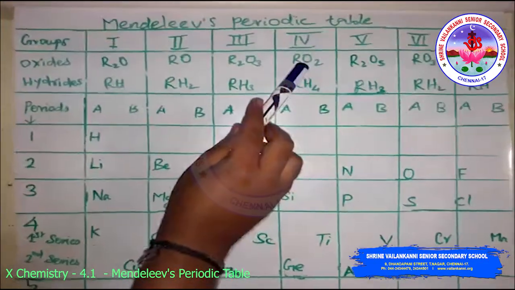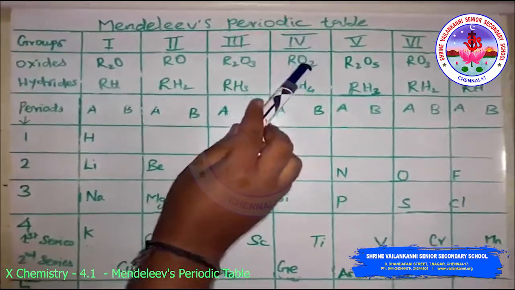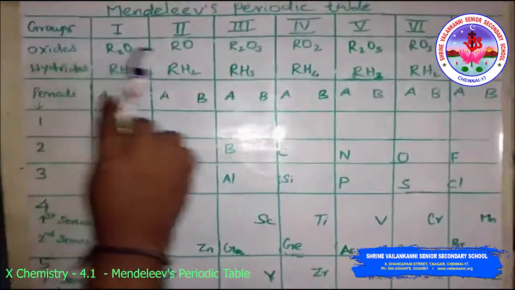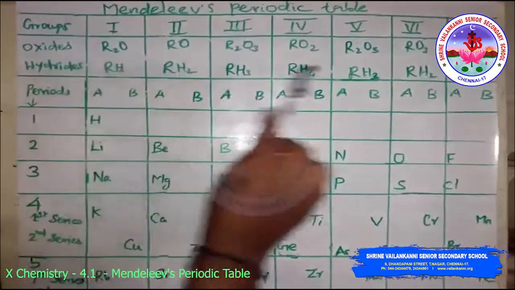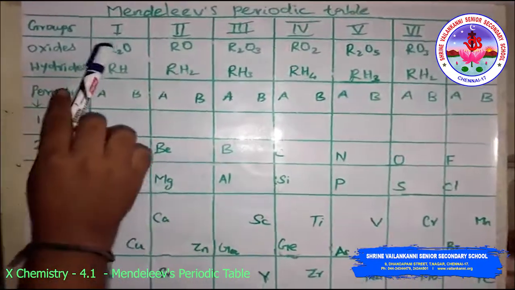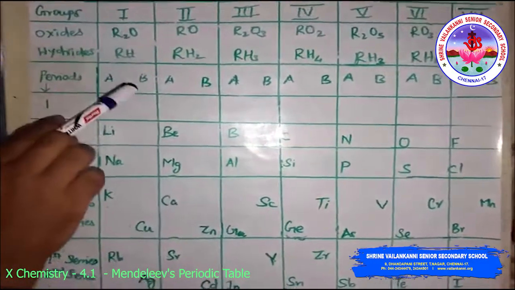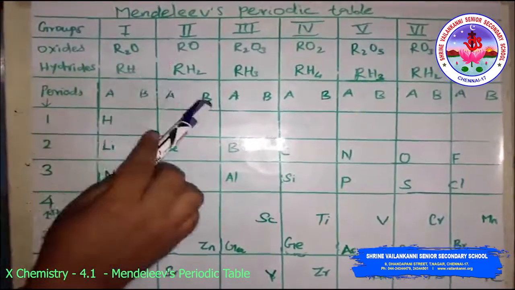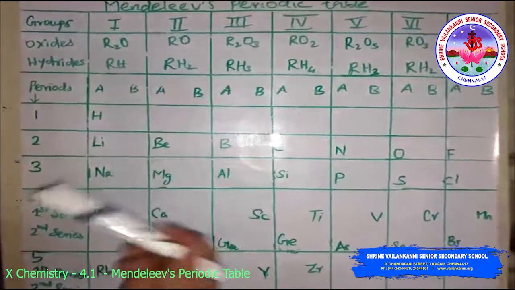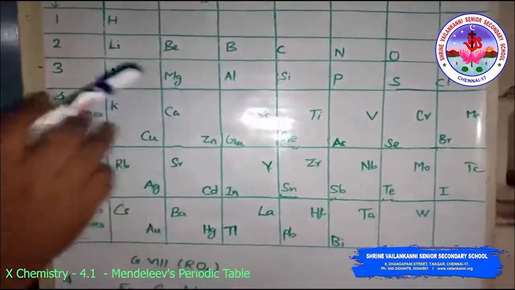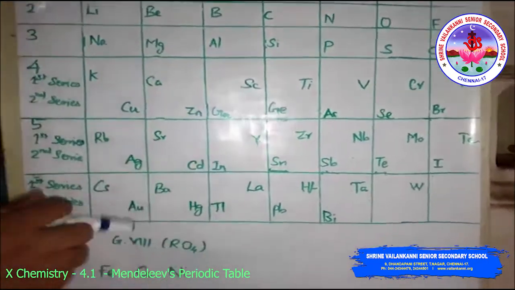Carbon reacts with 2 oxygen to form carbon dioxide. So this row is oxides and this is called hydrides. They form oxides and hydrides, and there are group 1A and 1B, similarly 2A, 2B, like this up to 7A and 7B, then the 8th group. The 8th group does not form hydrides, only oxides.